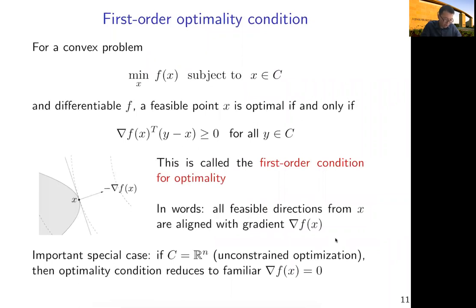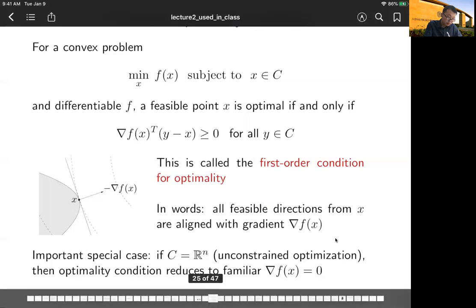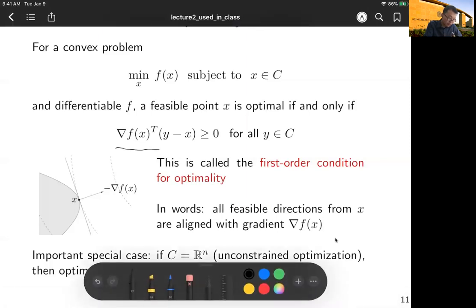So now let's talk about optimality. It turns out that for any convex optimization problem, so we've already said that this is just yet another generic formulation, we can get that the optimal solution x needs to satisfy this condition in the form of an inequality that holds for any y that's feasible.